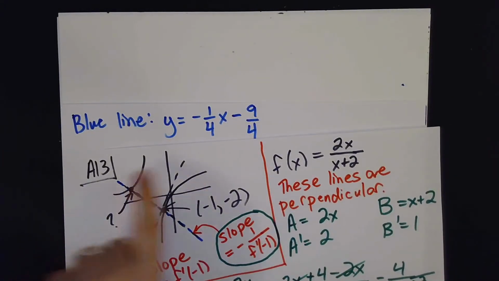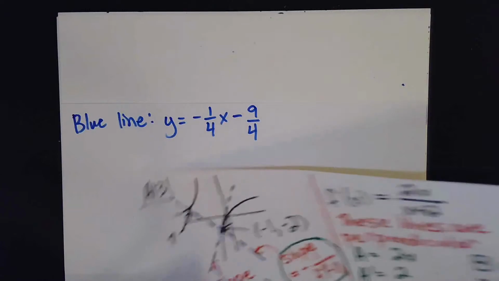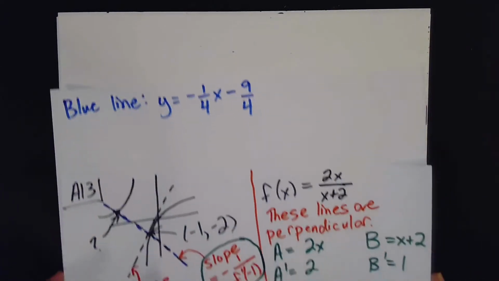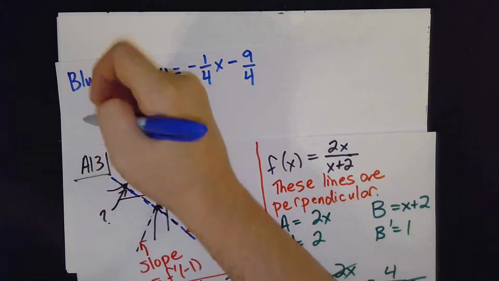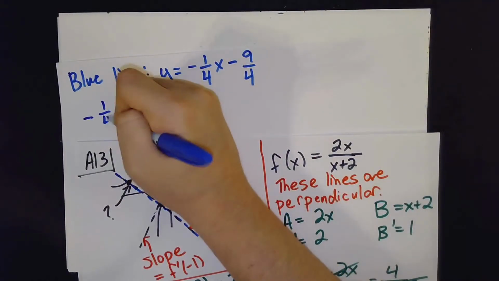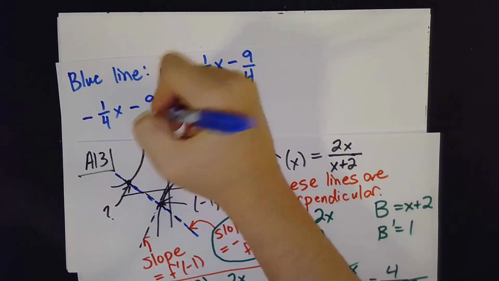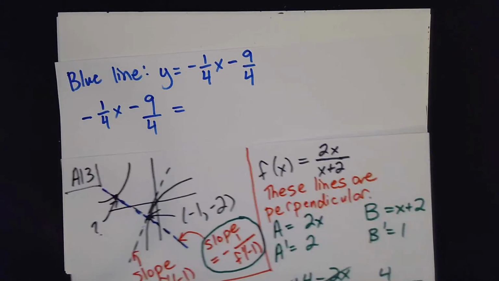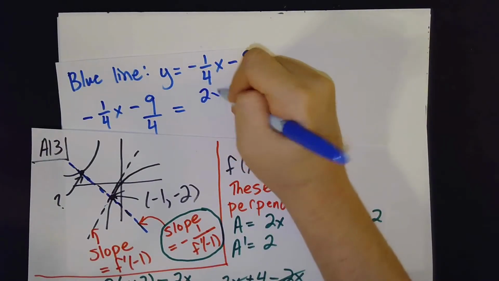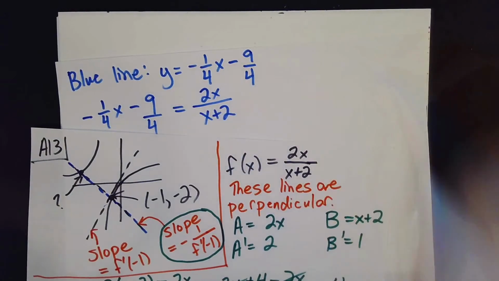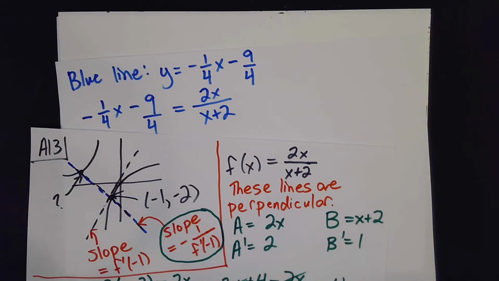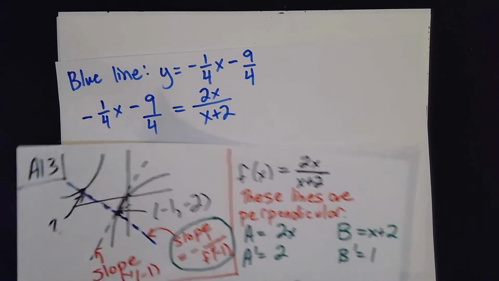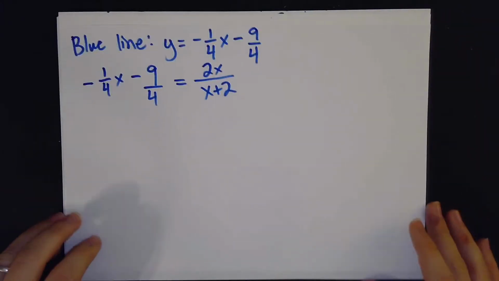And the thing I'm looking for is where the blue line and the original graph intersect. So, in other words, I'm really trying to find where minus 1/4 x minus 9/4 equals 2x over x plus 2. Okay. That's the thing I want to know. That's the magic point where everything will work out. Okay.